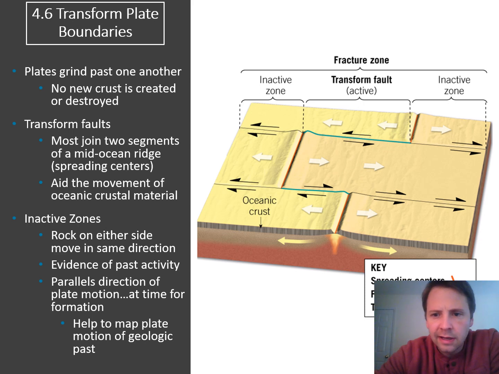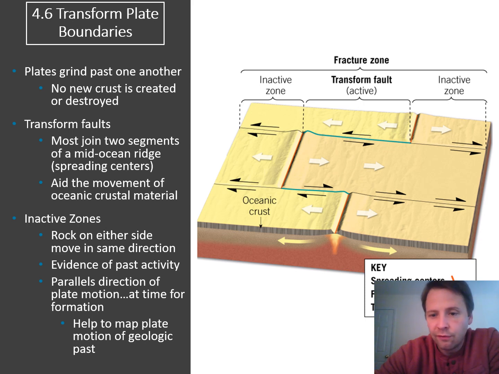The red lines here are spreading centers. These are mid-oceanic ridges, where your plates are pulling apart. But we also refer to them generally as fracture zones, so it's just that point of interaction. The whole system is referred to simply as the fracture zone.